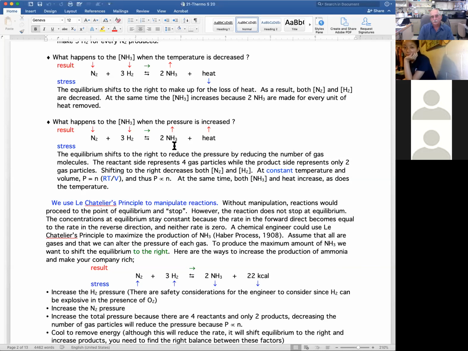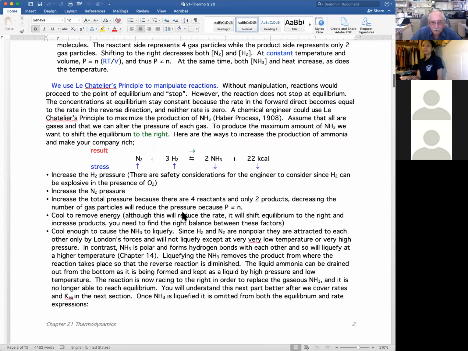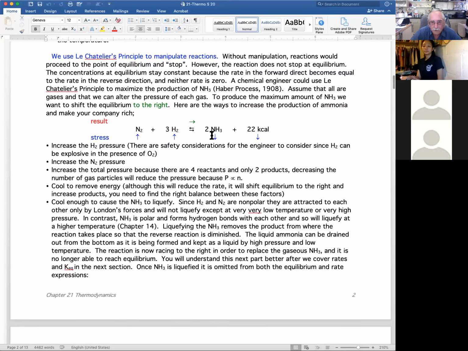So we looked at this one reaction in a lot of detail. And then I'm going to take that same reaction and we're going to talk about what's called the Haber process. It was done in 1908 using Le Chatelier's principle. And what the Haber process does is it allows us to make huge amounts of ammonia.